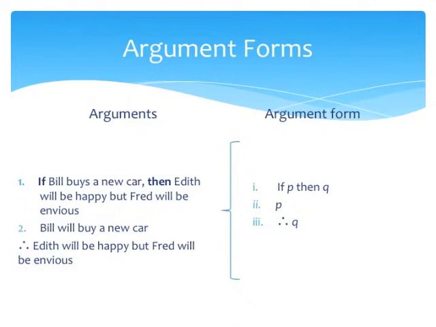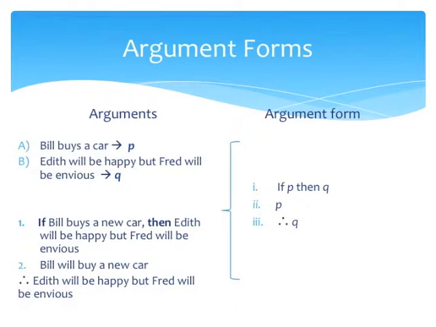So what we want to know is whether the argument to the left is an instance of the argument form on the right. In this case, we'll take our sentences and assign a letter to each of them. So let's assign Bill buys a car to P, and Edith will be happy, but Fred will be envious to Q. Next, we go to the argument, and wherever one of the sentences occurs, we replace it with the corresponding letter.